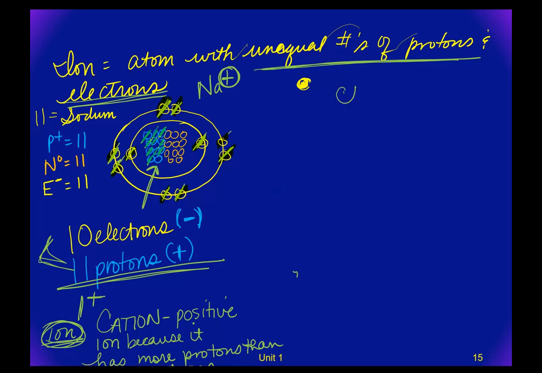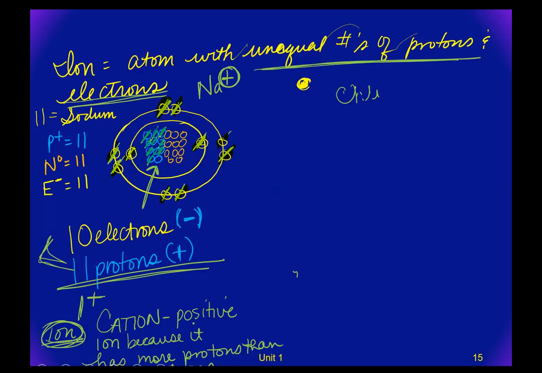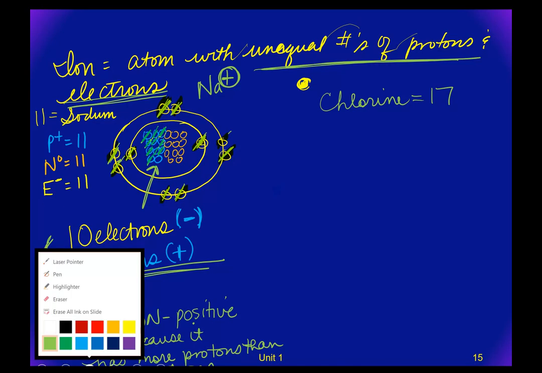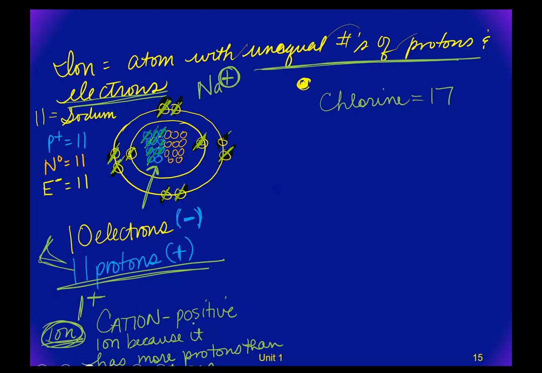This is a lot easier on an actual whiteboard, guys. Sorry. Okay, chlorine is at 17. So in a perfect world, we would have 17 protons.